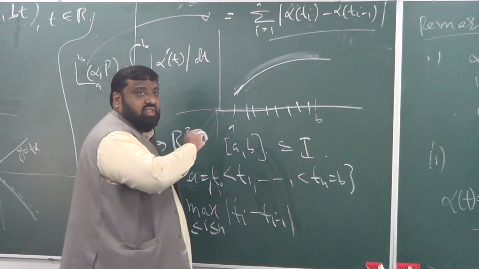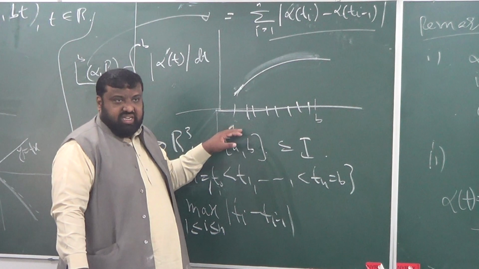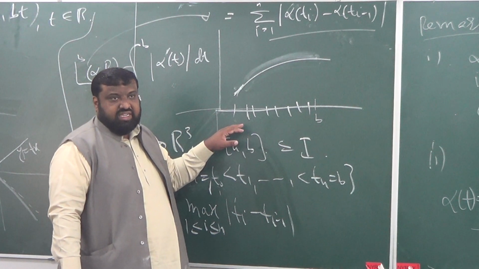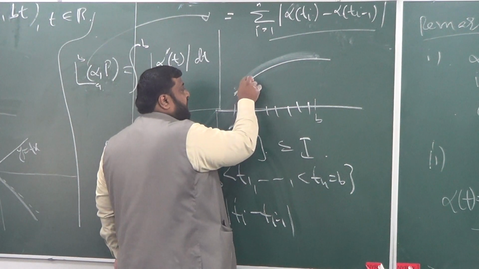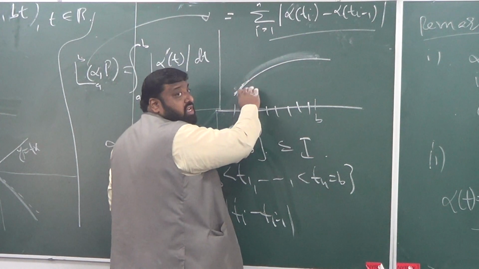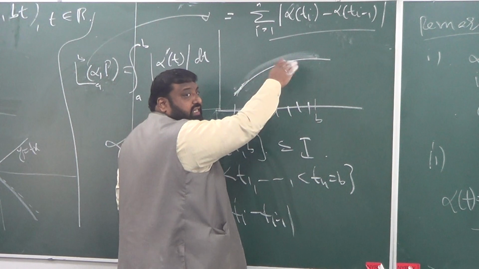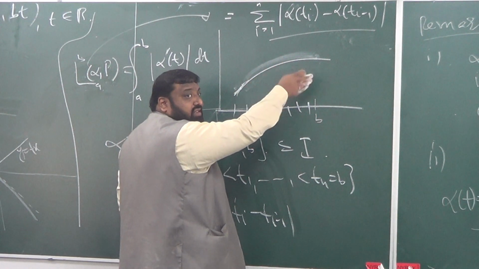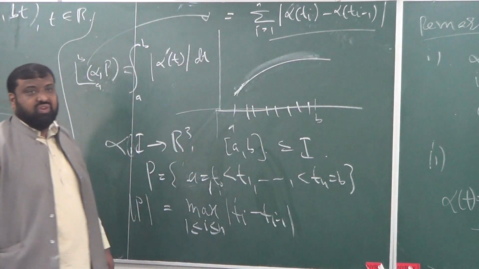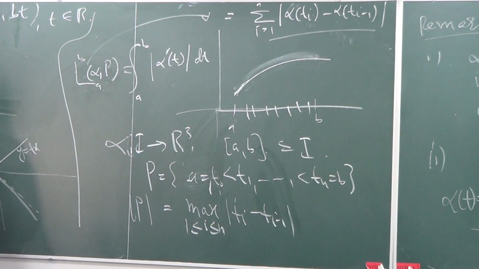Then take an arbitrary point from the next interval and draw a tangent line, and so on. For each sub-interval I'm drawing a tangent line, and then I'm saying sum all these small segments, and then you get the length of the curve.